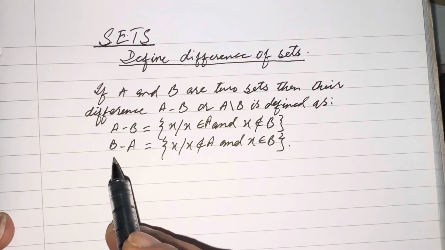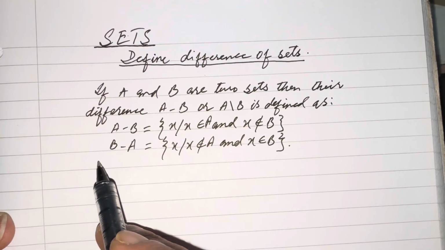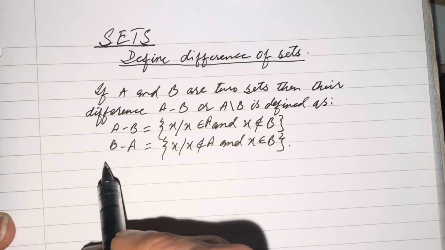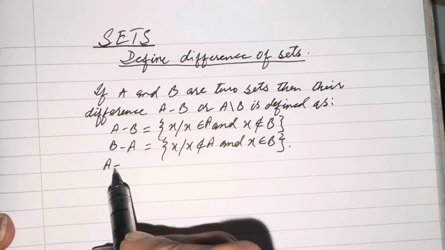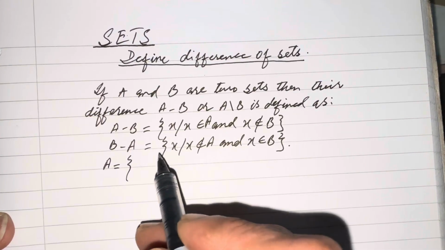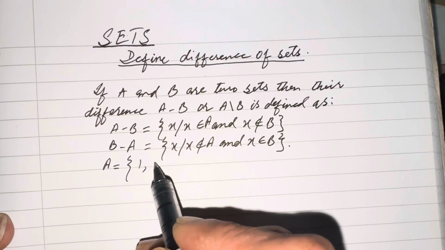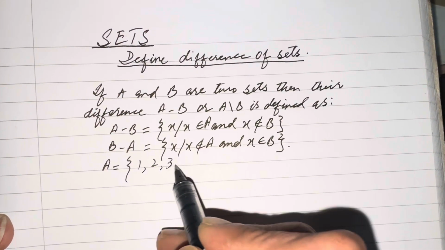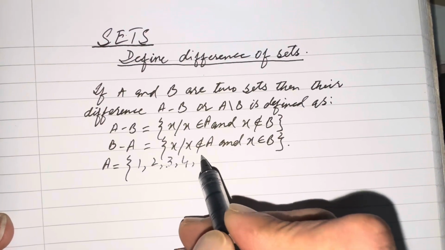So let's suppose we take a set A as 1, 2, 3, 4, and 5.